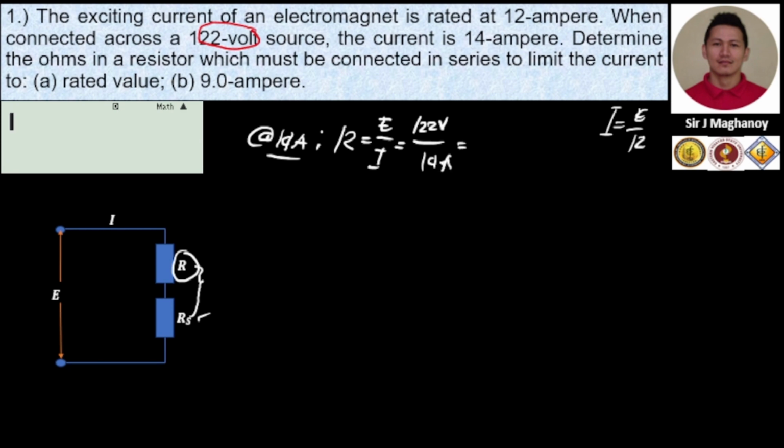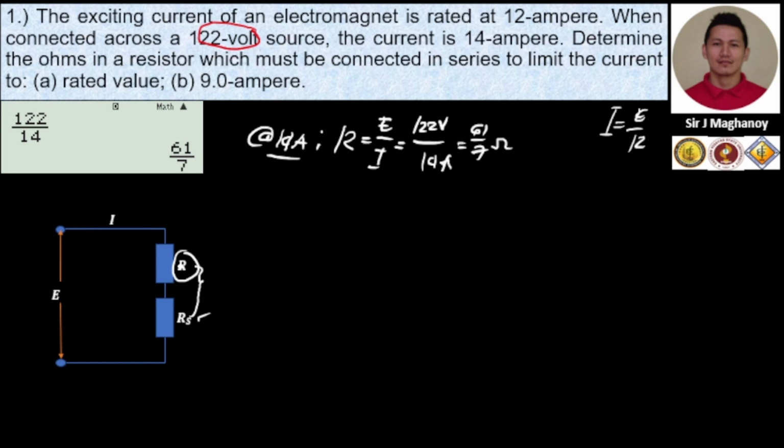Using your calculator, 122 over 14 is equal to 61 over 7 ohms.